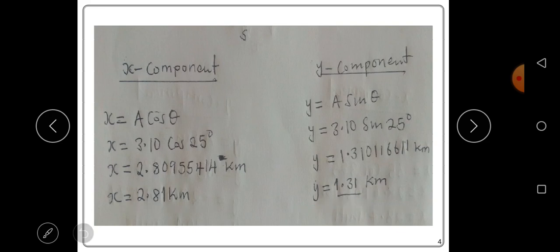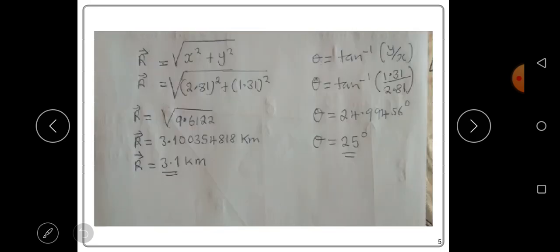We can prove if the components we found are correct by reversing them, by finding the magnitude of the vector, and also by finding the direction, which is the angle. To find the magnitude of the vector, we use this equation: the square root of x squared plus y squared. These are just the components of the vector.